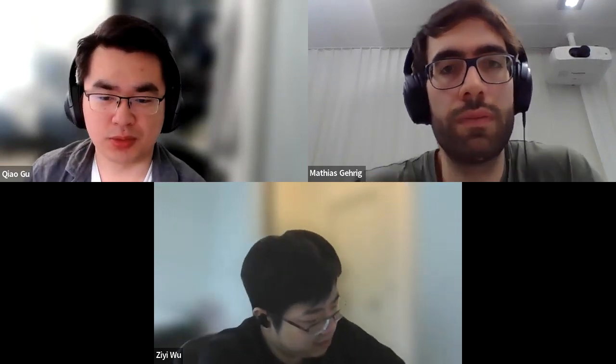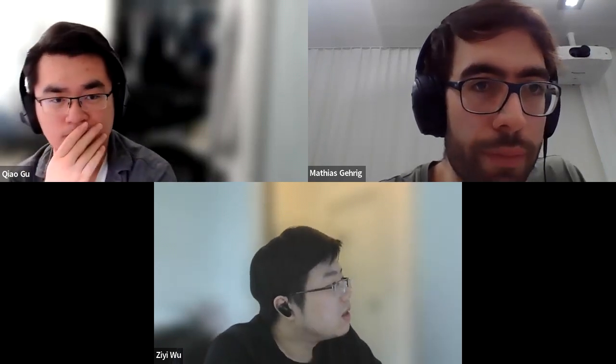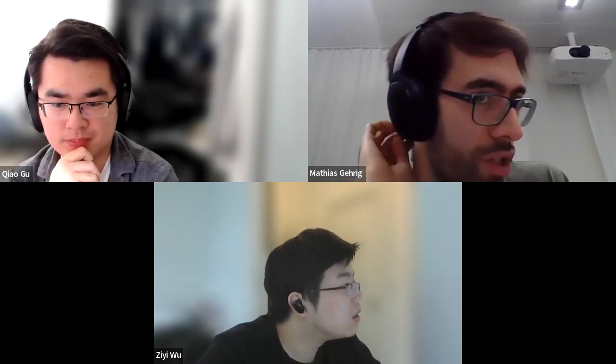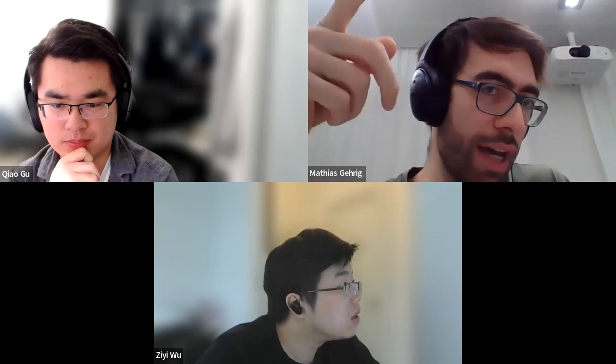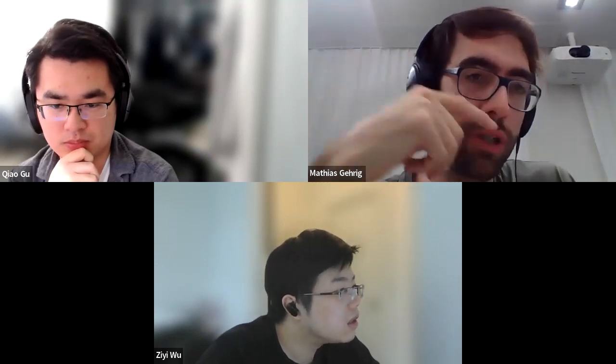The frame interpolation results using an image-based camera are really amazing. I'm just wondering, have you compared that with some other interpolation network based purely on RGB images? RGB video, yeah. So there are multiple comparisons that we have done in the paper. There are basically two papers: there's Time Lens and a follow-up version from that.